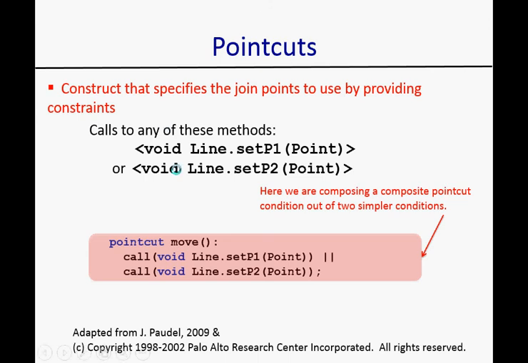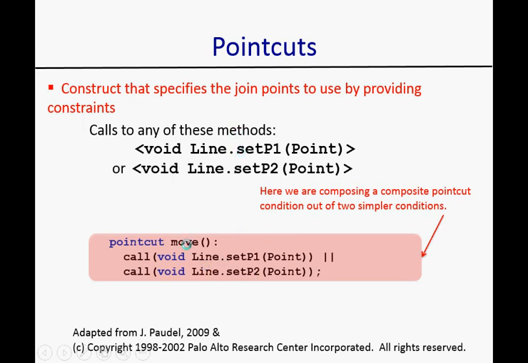Okay, so if we want to, for example, refer to any calls to these functions, set P1 and set P2, we can define a point cut. In this case, it's called move, where we refer to calls to this function here, calls to this function. These are the functions up here.